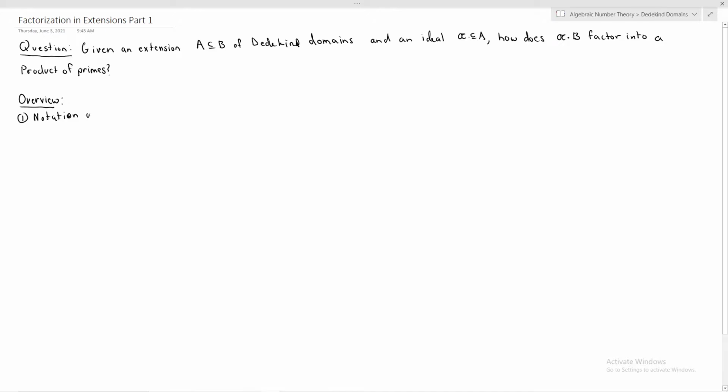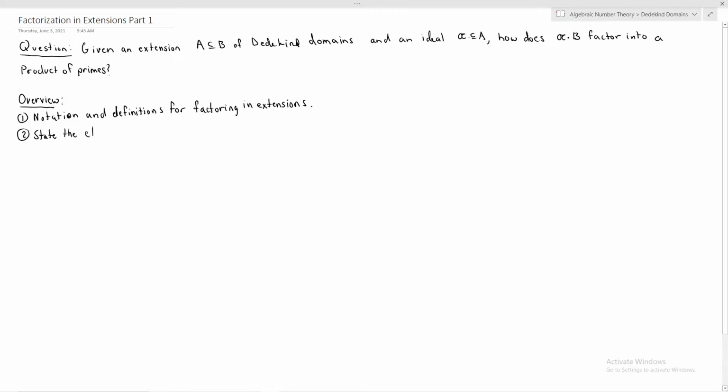Then we're going to state the main theorem, which is something called the EFG theorem. It tells us a lot about how primes factor in larger ideals.